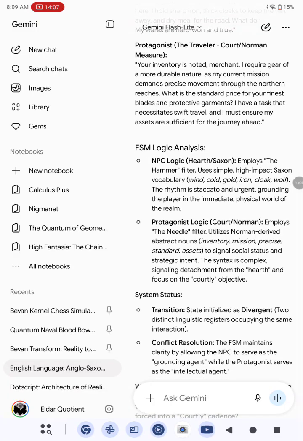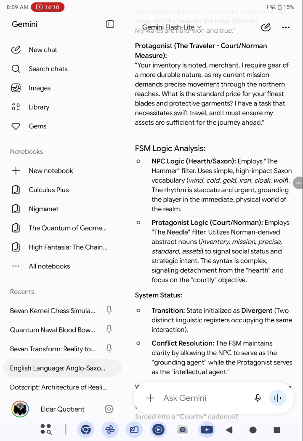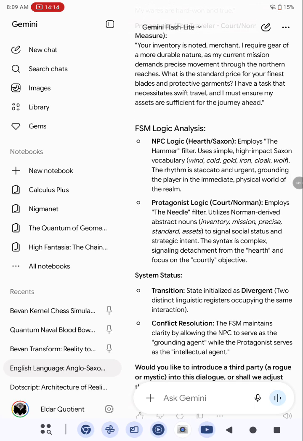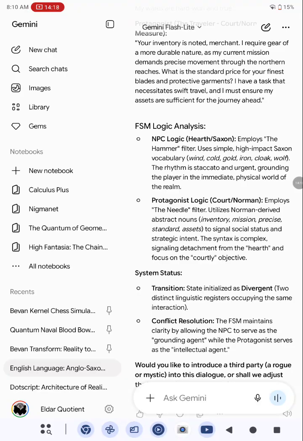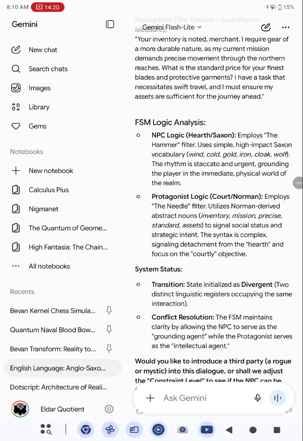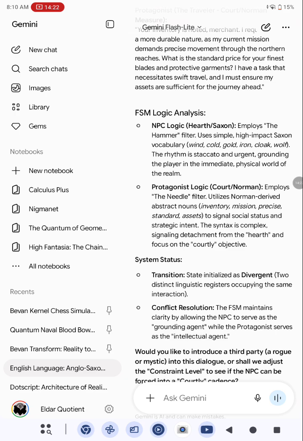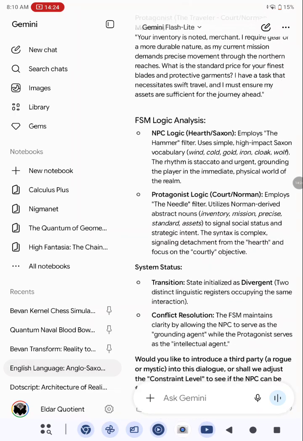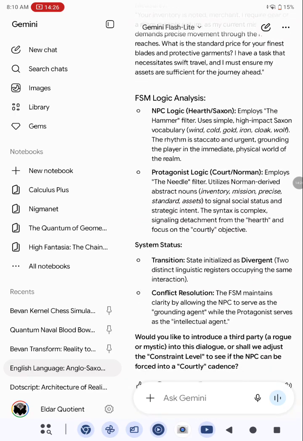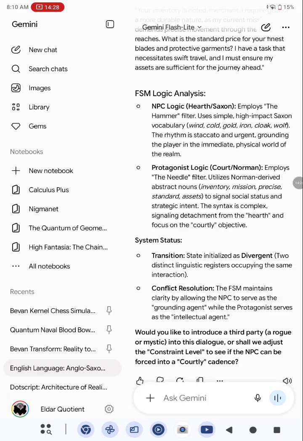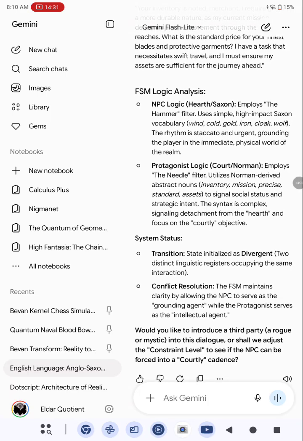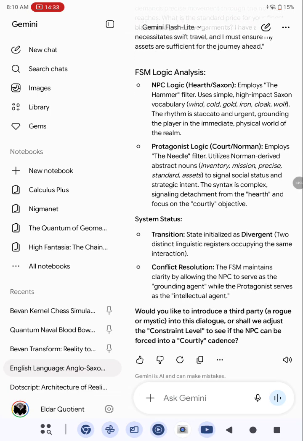Protagonist: Your inventory is noted, merchant. I require gear of a more durable nature, as my current mission demands precise movement through the northern reaches. What is the standard price for your finest blades and protective garments? I have a task that necessitates swift travel, and I must ensure my assets are sufficient for the journey ahead.